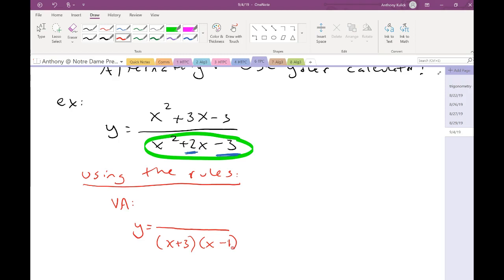Let's look now at factoring the numerator. So again, we'll try to do it the same way. We're going to look for two numbers that multiply to give me negative 3 and add to give me positive 3. Does anybody see the two numbers?